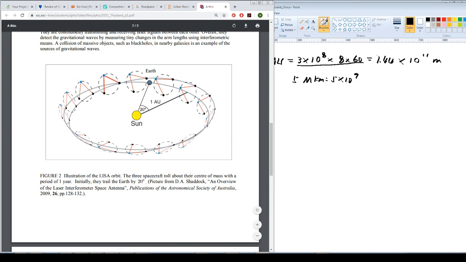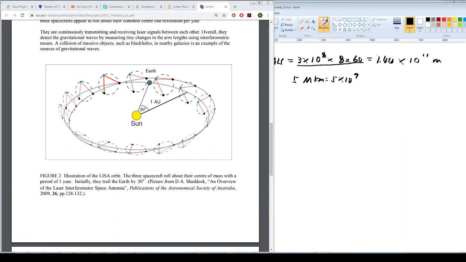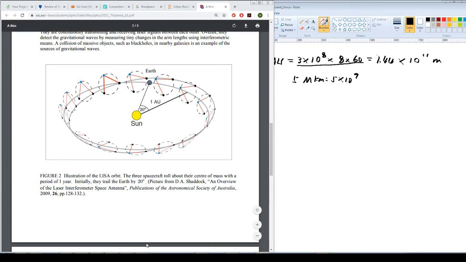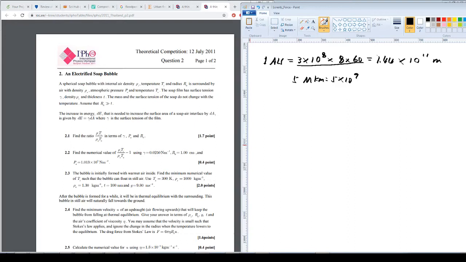Okay, it's good. Start drawing a picture.